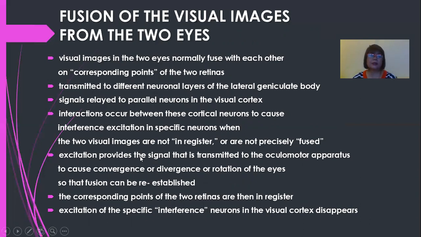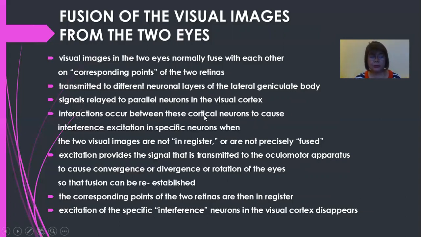Well, how is fusion of the visual images from the two eyes done? Visual images in the two eyes normally fuse with each other on corresponding points on the two retinas. Okay. These are transmitted to different neuronal layers of the lateral geniculate body. The signals are relayed to parallel neurons in the visual cortex.